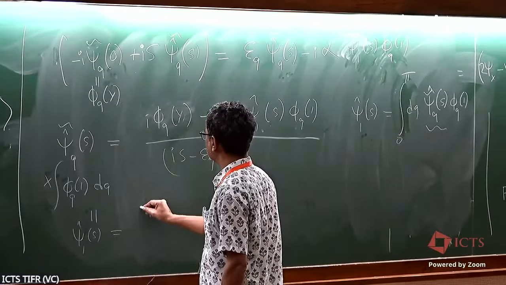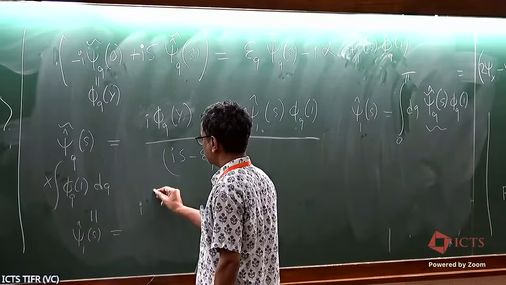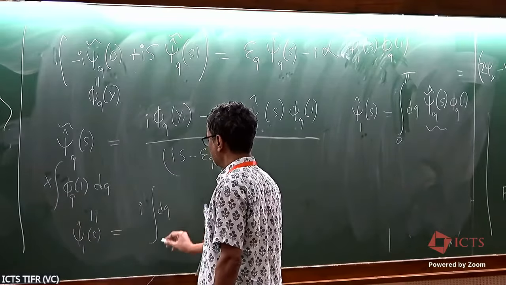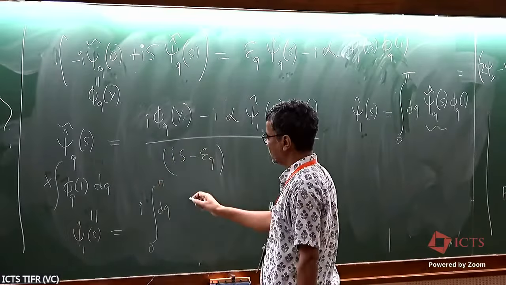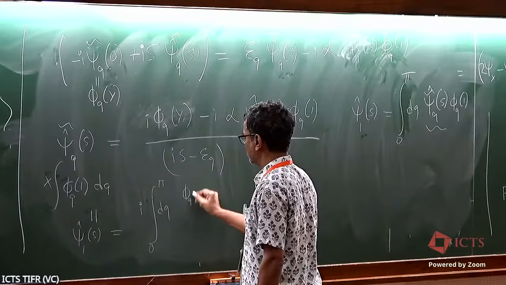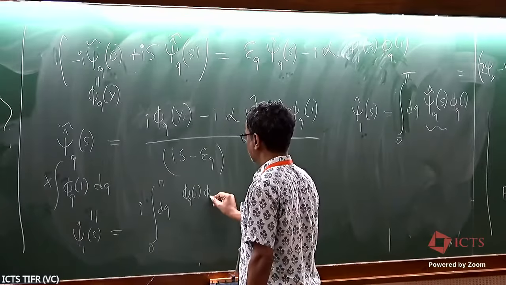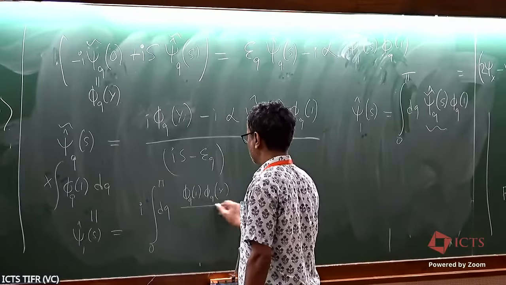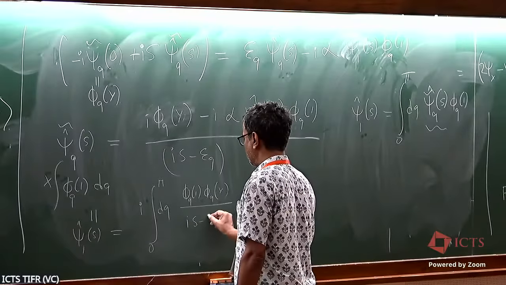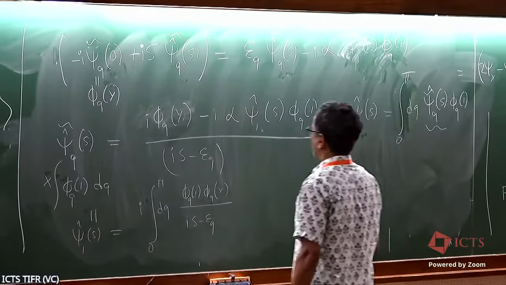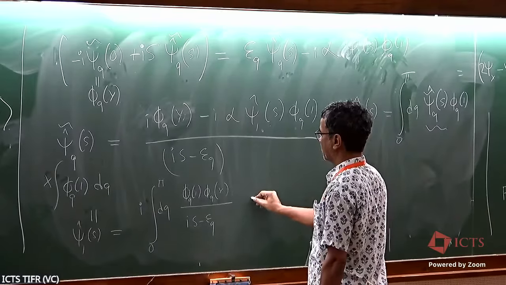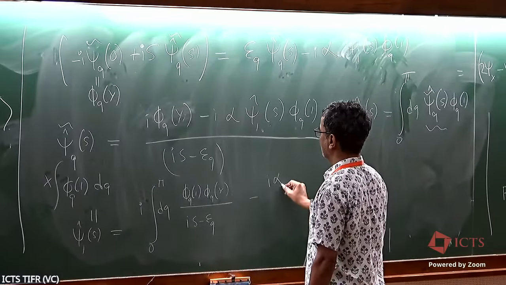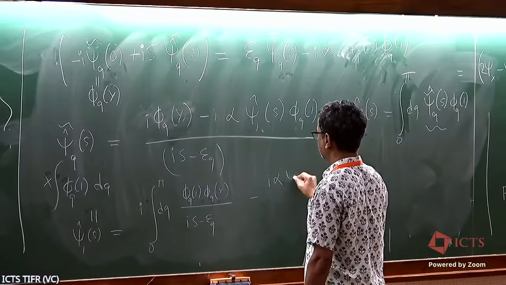So the first term is I integral over dq from 0 to pi. We are multiplying by phi q1, so this is phi q1 phi qy divided by epsilon q. And then the next term is minus I alpha. So this is still the same, there's no q here.